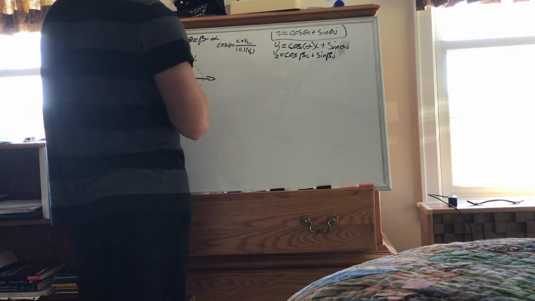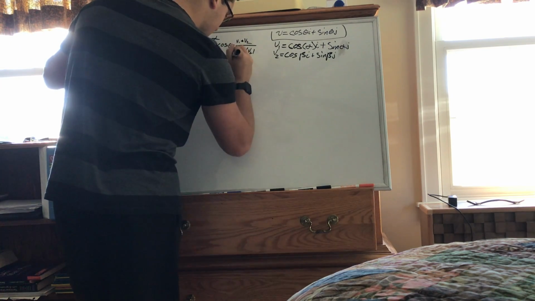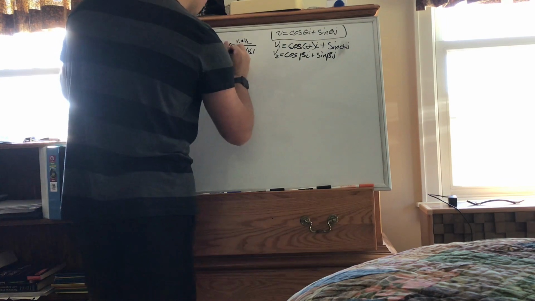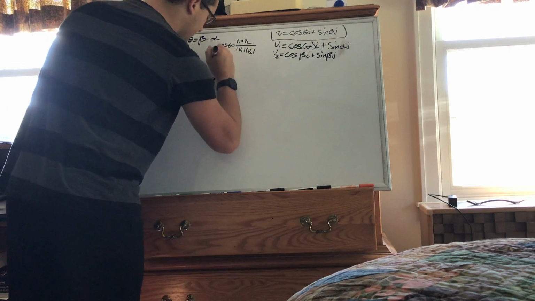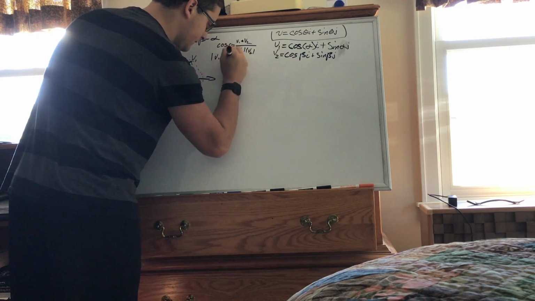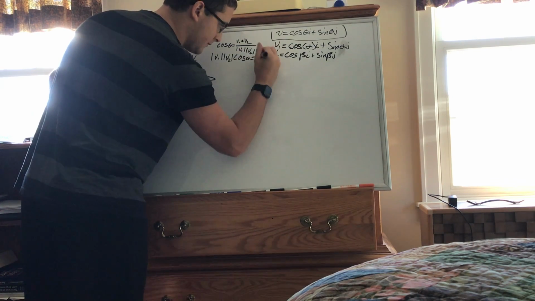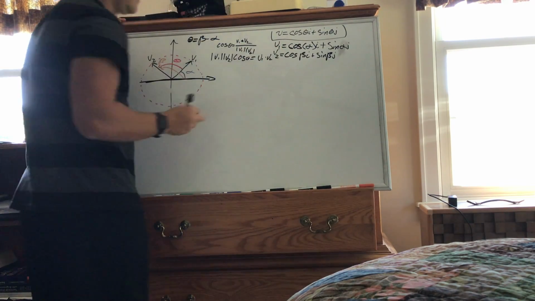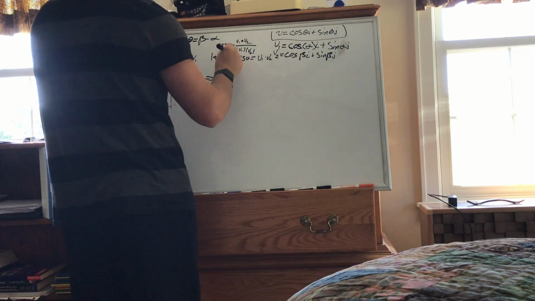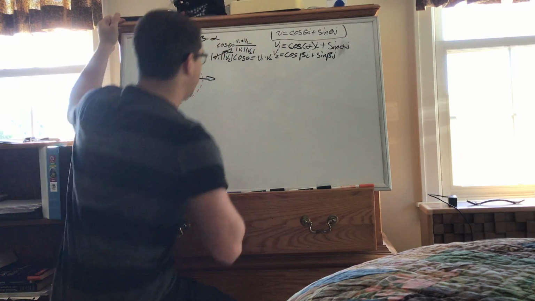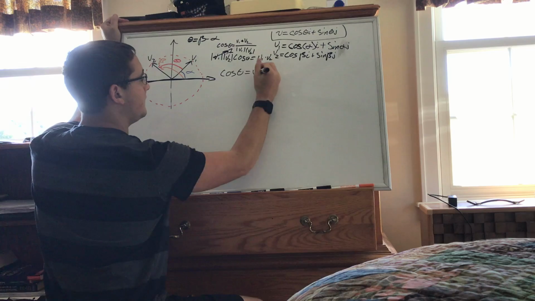So we have magnitude of v1 times magnitude of v2 times cosine theta equals the dot product of v1 and v2, which, since the magnitudes equal 1, gives us cosine of theta equals v1 dot v2.